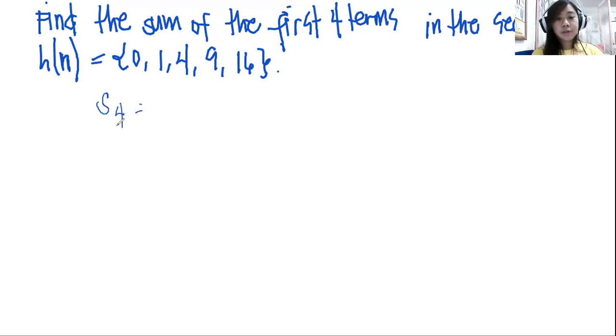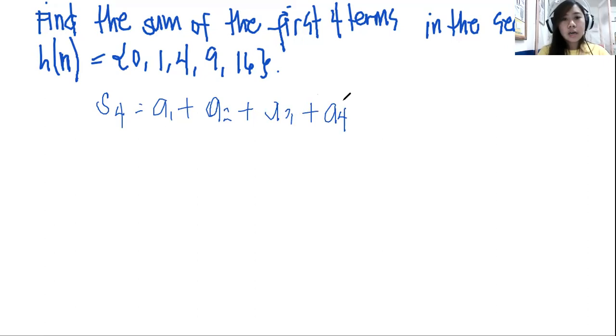Ma'am, why is it 4? Because the sum of the first 4 terms is A sub 1 plus A sub 2 plus A sub 3 plus A sub 4. Next is to substitute the values of A sub 1, A sub 2, A sub 3, and A sub 4 because we are only looking for 4 terms.